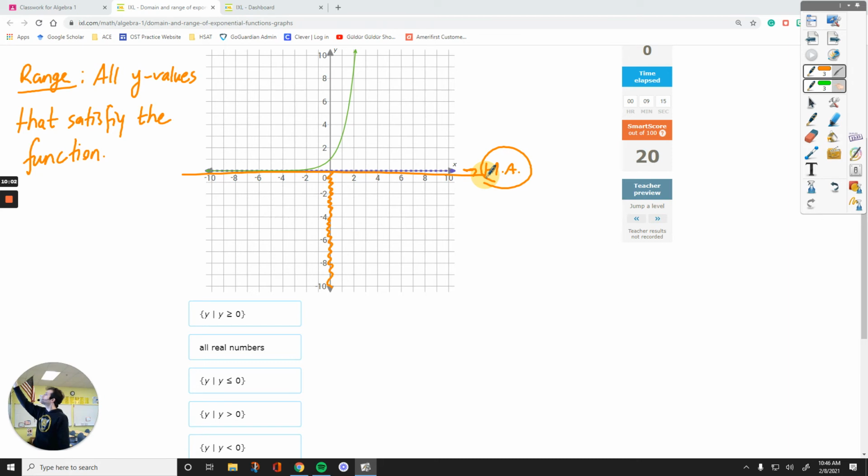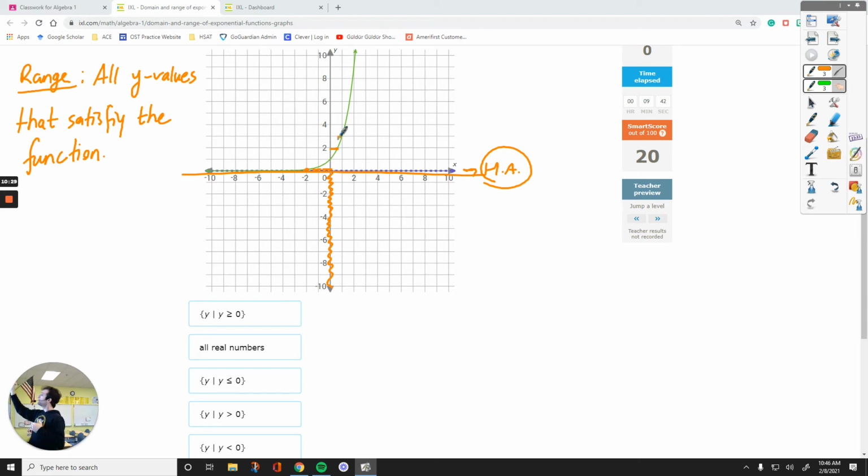Look at here. The green curve has a corresponding point over here. Let's take this point. It has a corresponding point over there. 0 is not going to be part of this range because remember that dotted line is preventing the green curve to touch 0. So that is why 0 cannot be part of my range. The graph has no corresponding point at the 0 level.